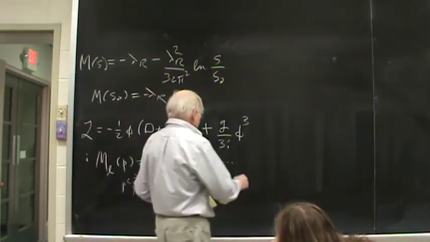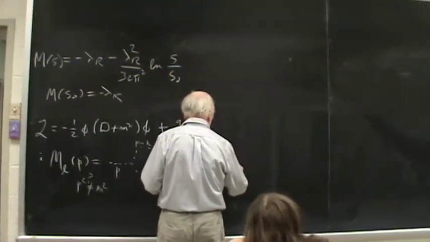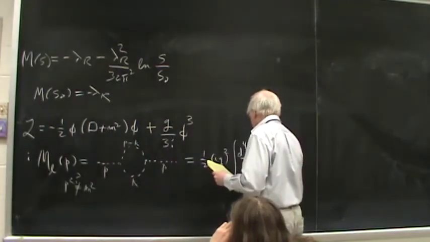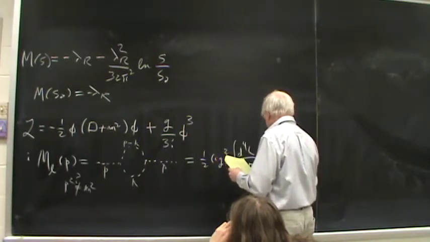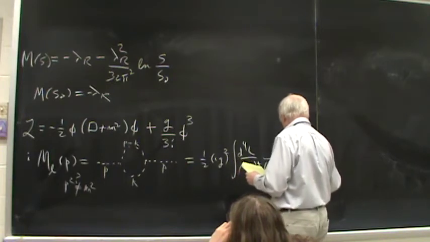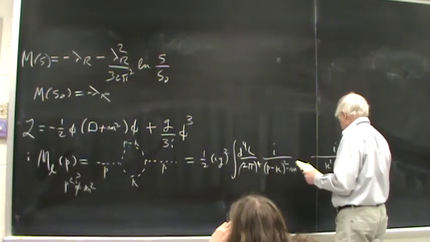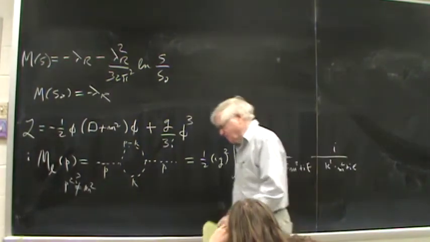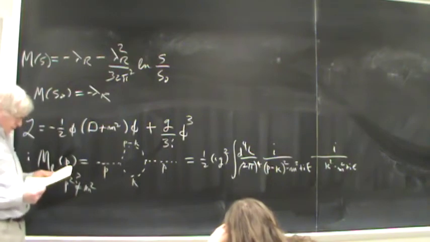And now what we've got is 1/2 i g squared integral d4 k over 2 pi to the 4th, i over (P minus K) squared minus M squared plus i epsilon, times i over K squared minus M squared plus i epsilon. And of course I'm following Schwartz here, so I'm using his metric, instead of Weinberg's.